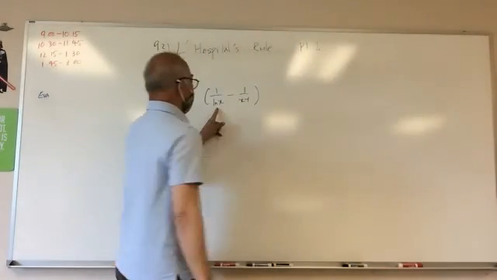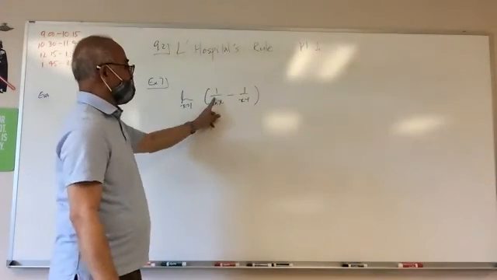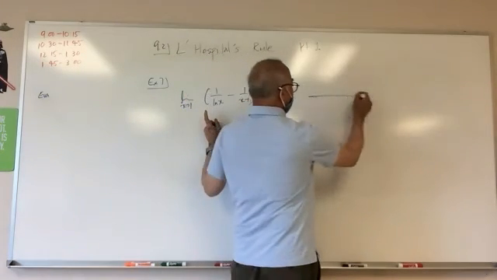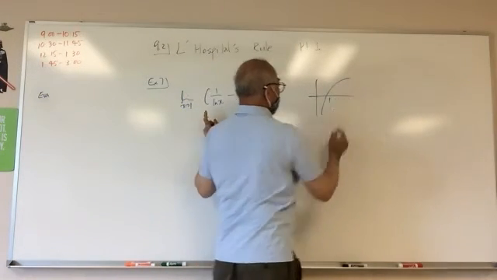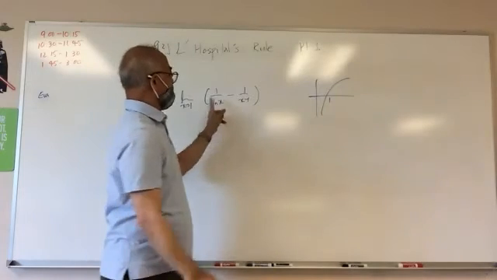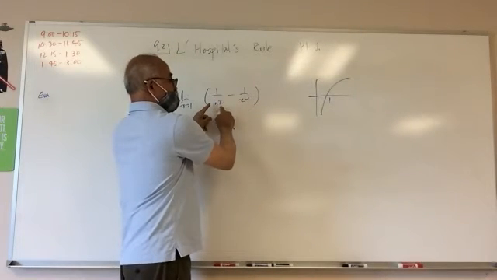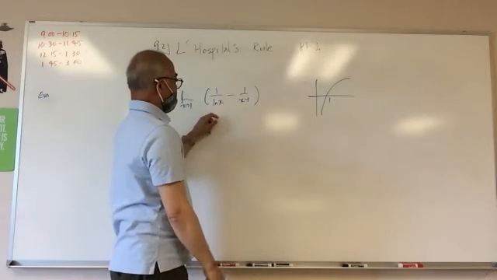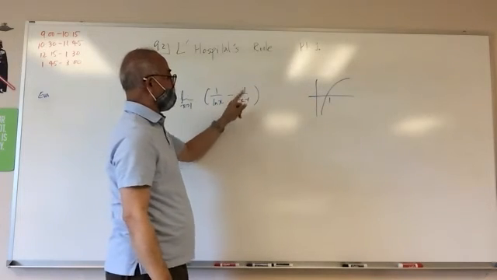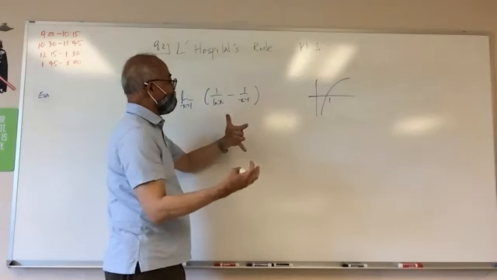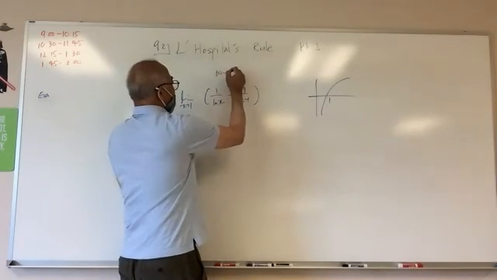Because as x approaches 1, natural log of x, the graph looks like this, goes to 0, so it's 1 over 0, which becomes infinity. Same thing over here. We get 1 over 0 type of thing, right?